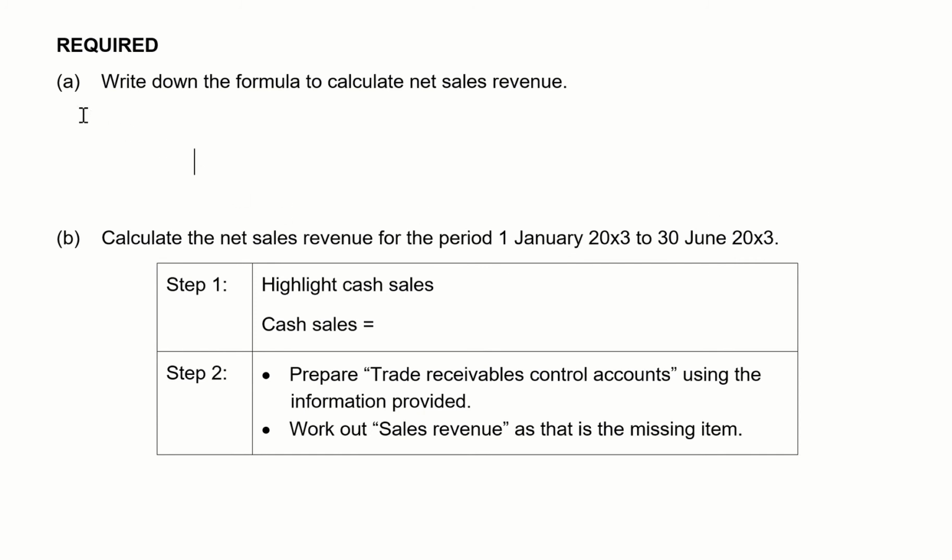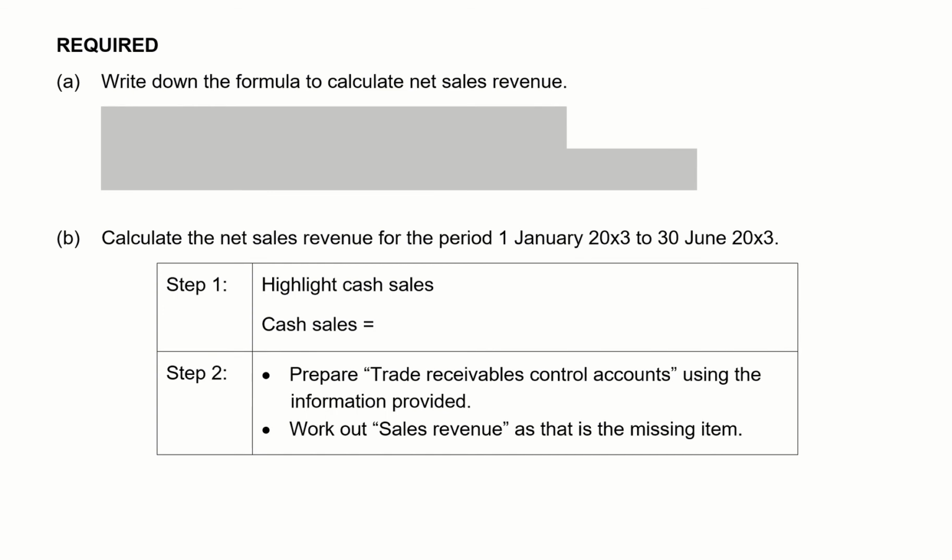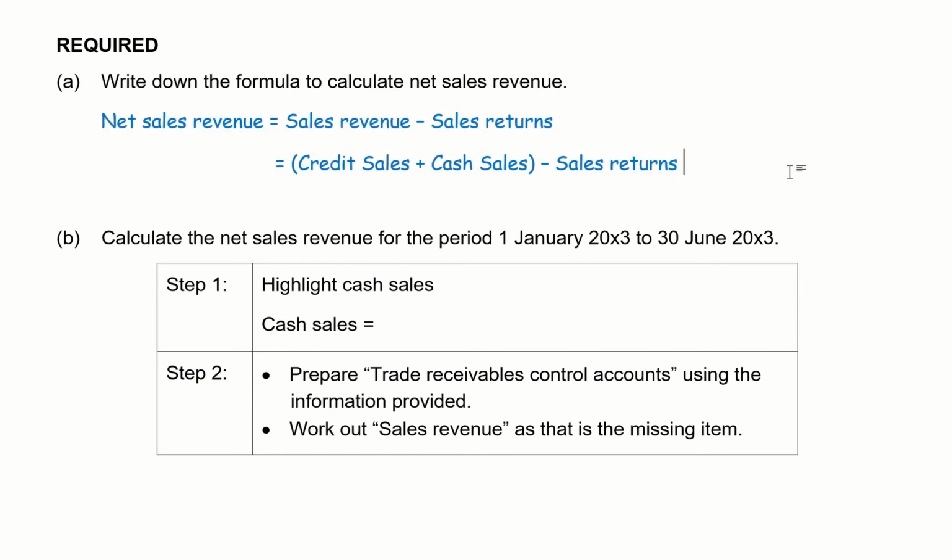Yeah, you're right. Your income statement tells you that net sales revenue equals sales revenue minus sales returns. Except that for this topic, you need to remember that sales revenue can be broken down into credit sales as well as cash sales.